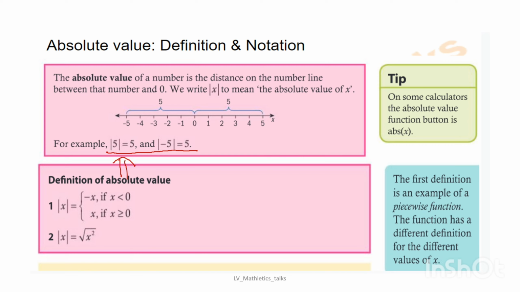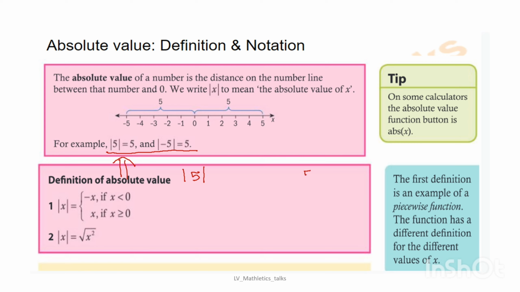Okay, see here, I have to find the absolute value of 5, right? Now let me look at this definition. This definition varies depending on the value of x. If x is less than 0, absolute value of x is minus x. If x is greater than or equal to 0, absolute value of x is x itself. Now here, absolute value of 5. 5 is a number greater than 0, right?